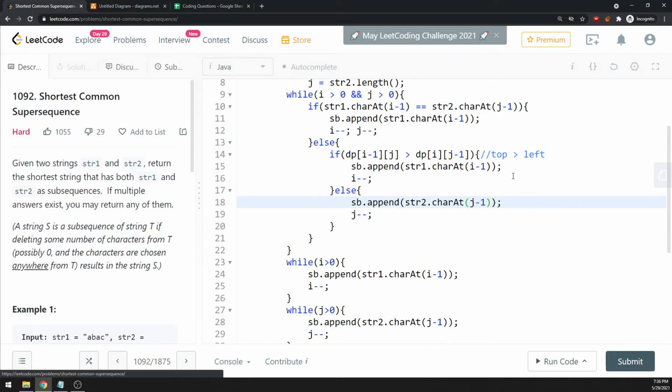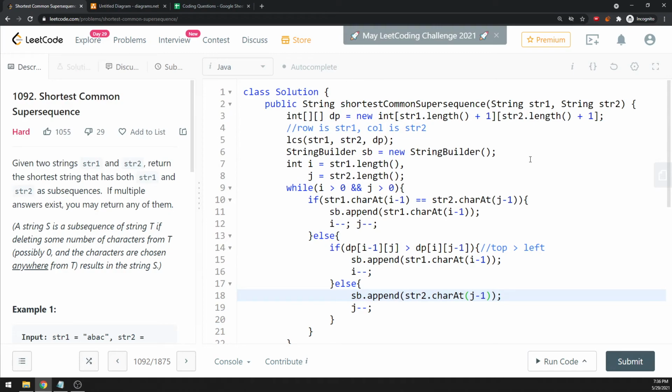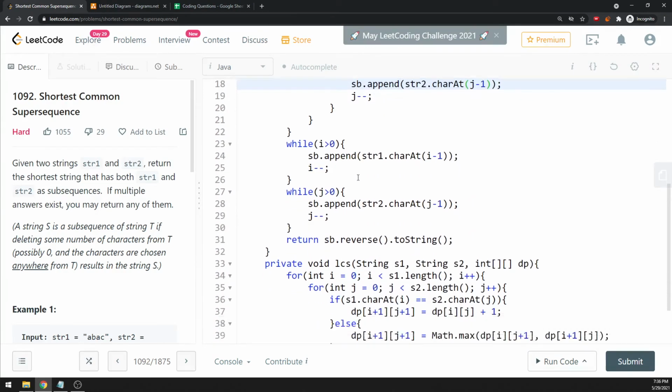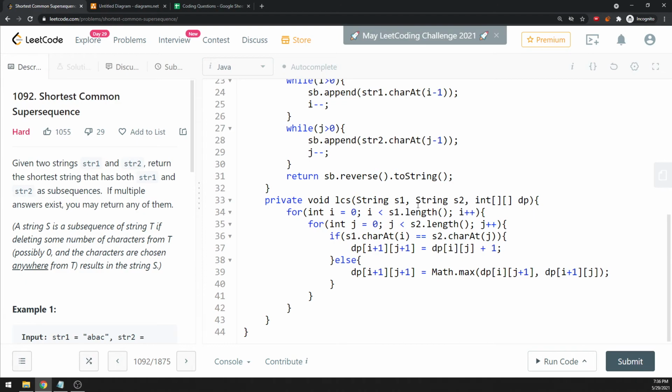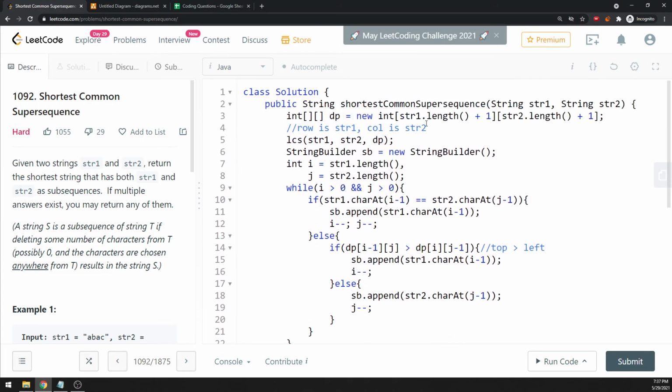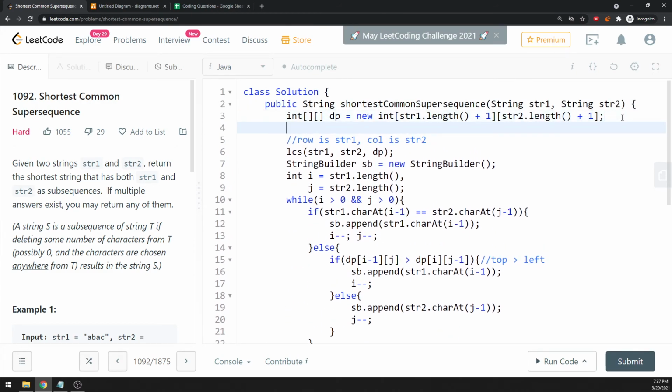Oh my god. Okay, so the time and space. The space is O of m times n, depending on your strings, the space of your DP. So O of m times n.